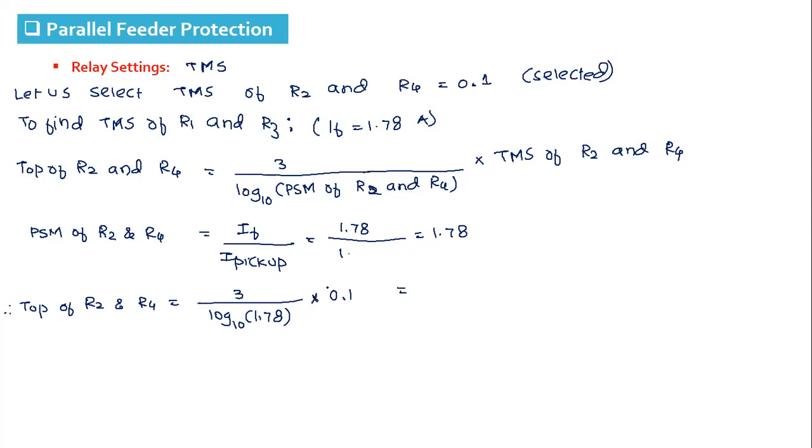3 upon log 1.78 into 0.1. What will be the TOP of R2 and R4? Tell me. Please tell me. 3 upon log 1.78 into 0.1.